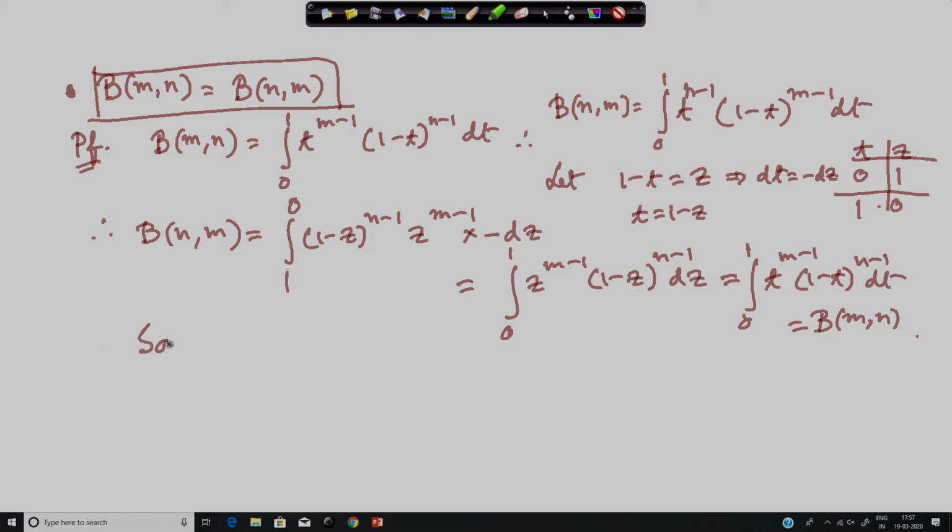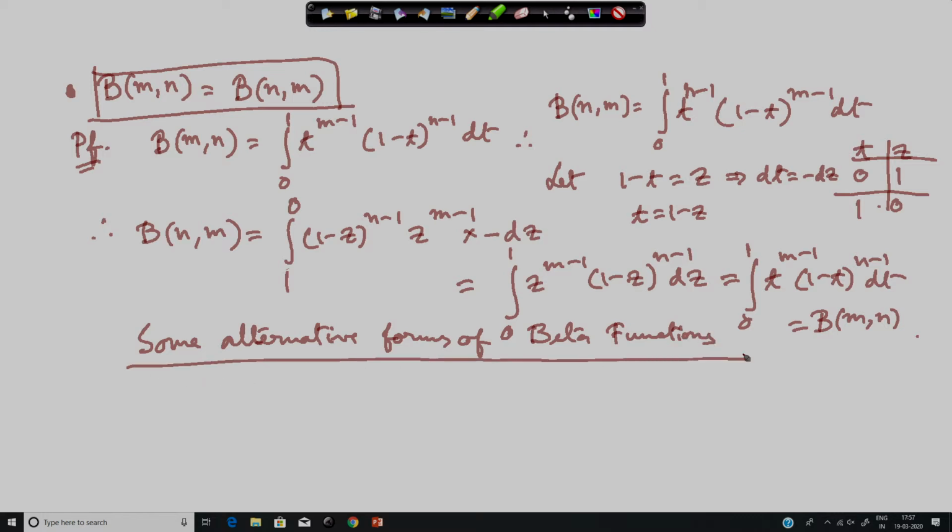Next, some alternative forms of the beta function. First of all, number 1: beta m n I can write as the integral from 0 to pi by 2 of sine to the power 2m minus 1 theta times cos to the power 2n minus 1 theta d theta.